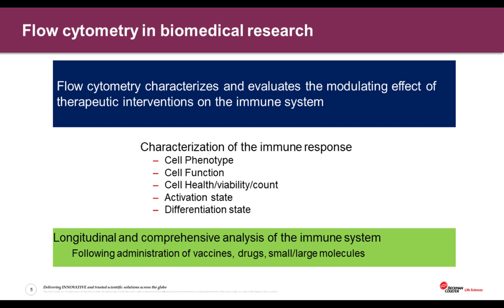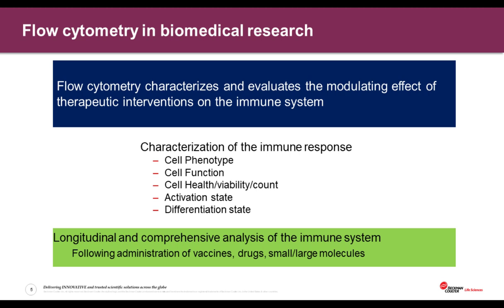So how precisely can we utilize flow cytometry in biomedical research? Well, flow cytometry allows us to characterize and evaluate single cells, and specifically how the therapies that we're evaluating modulate the effects on the immune system.